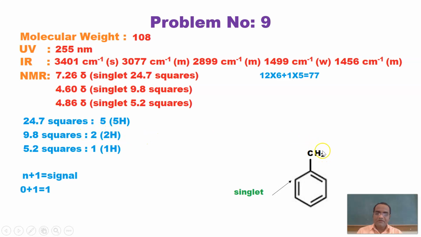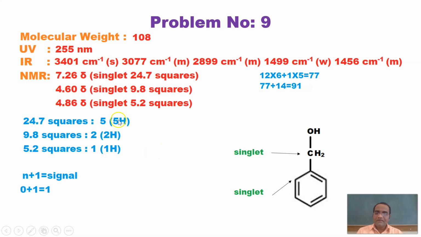So I have written here 2 hydrogens, and in the adjacent position it does not have any hydrogen, so it shows a singlet. Now the molecular weight is 77 plus 14 for this CH2, and it becomes 91. So from this 91, the remaining molecular weight is 17.